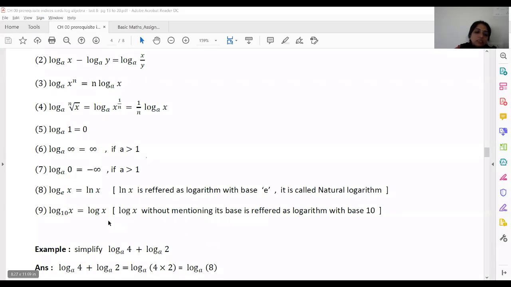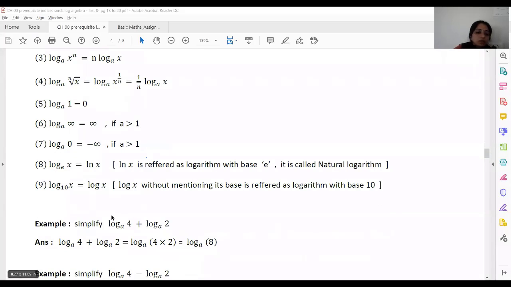Now let's take a view on some small examples. Simplify log a 4 plus log a 2. Here the bases are the same, log a. Addition is there. So log 4 into 2, so log a 8.